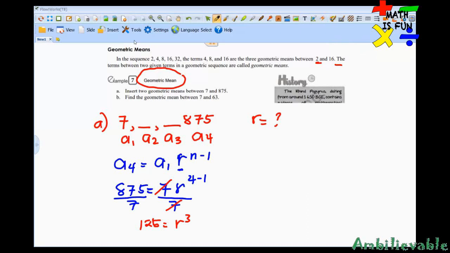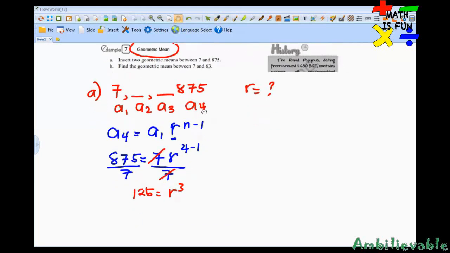So how do you get the value of R now? You need to get the cube root, right? The cube root of 125. So R equals 5. So the common ratio is 5. Now we multiply by 5 each time.